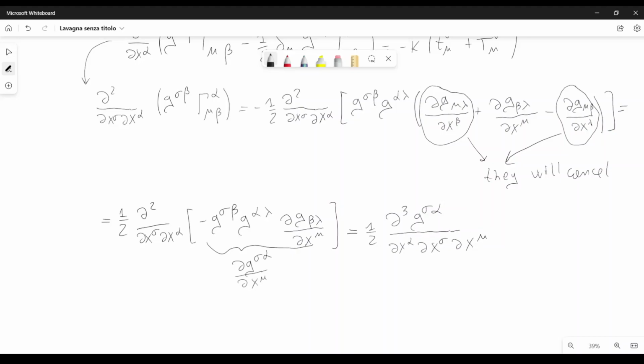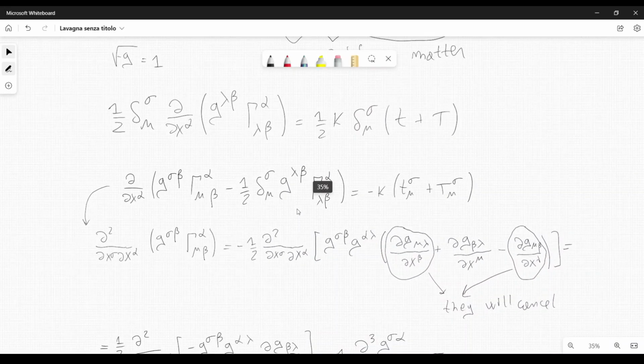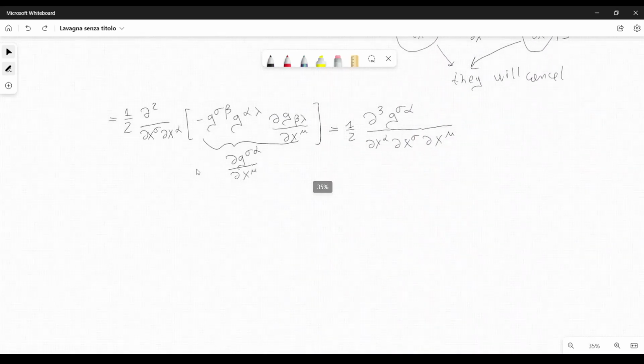Now, we have to consider the derivative with respect to sigma of the second term here. Remember that we also have this operator, d over dx alpha. So let's write it down here.